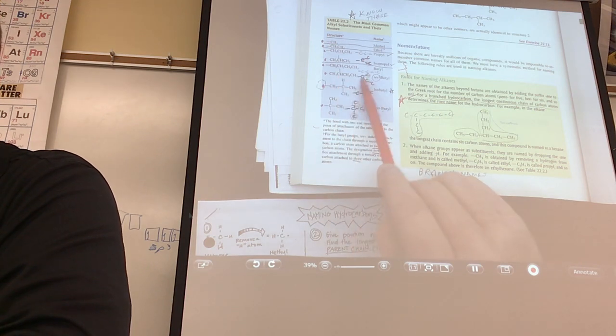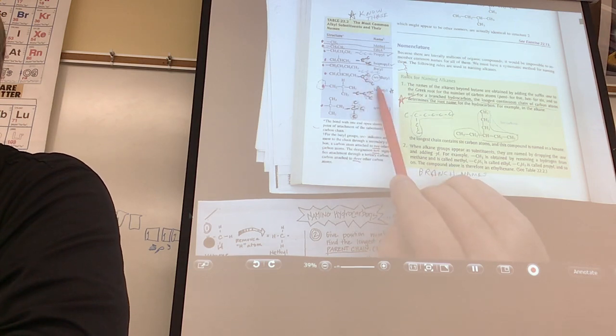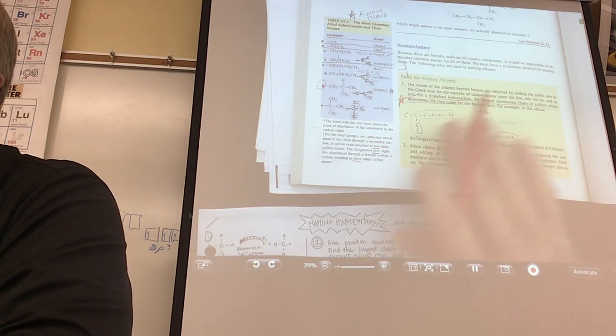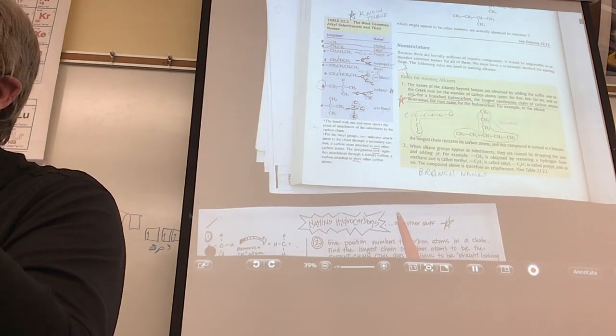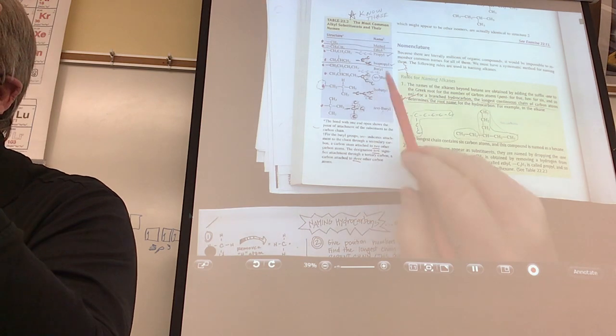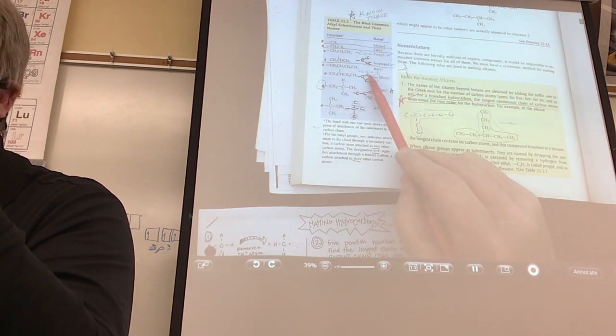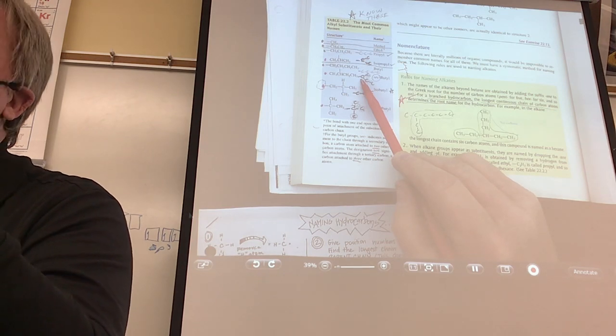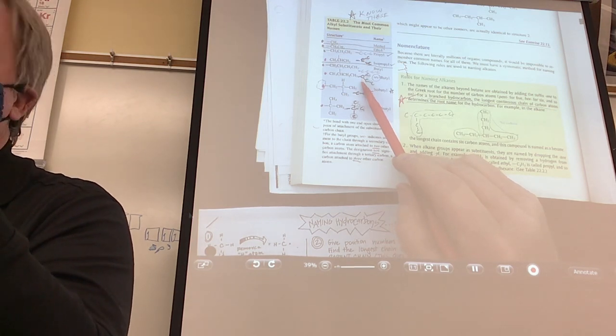I would draw it this way: 4 carbons, but you attach to the second one, then you got a little fork here. This is the one I have trouble remembering. It's called sec-butyl. Because it's not attached to the first carbon, it's attached to the second one, so it's sec-butyl, like secondary.